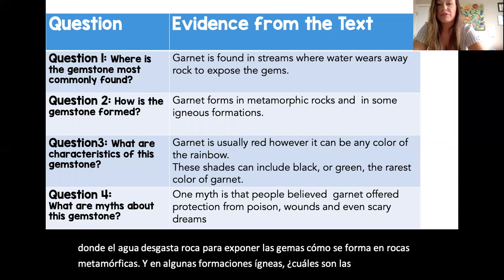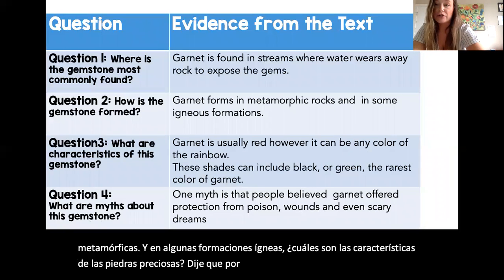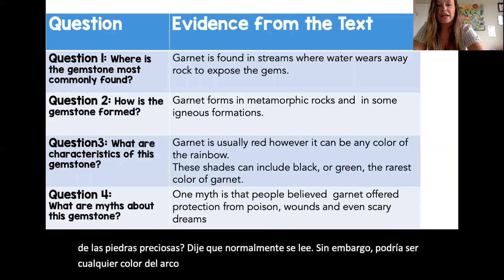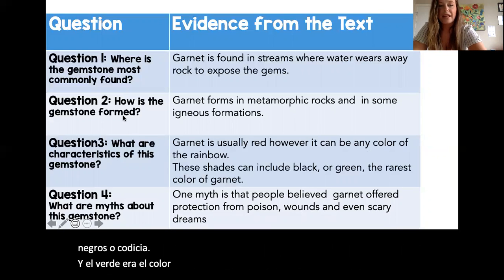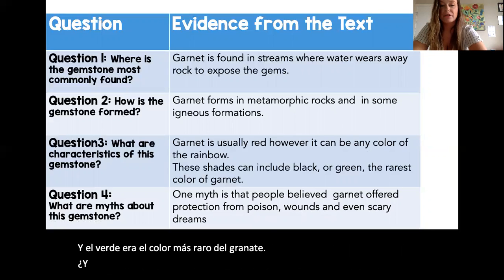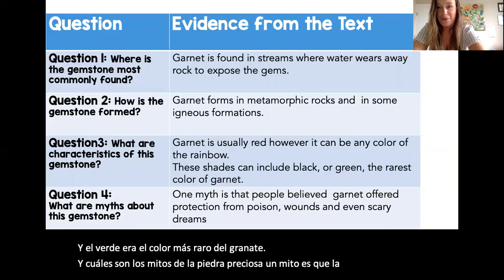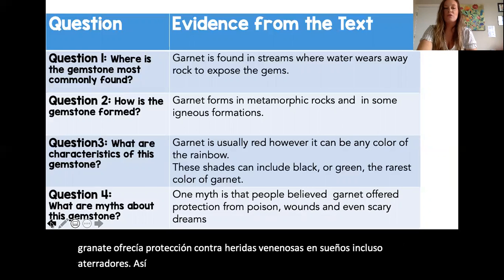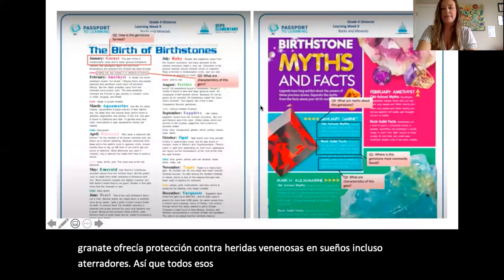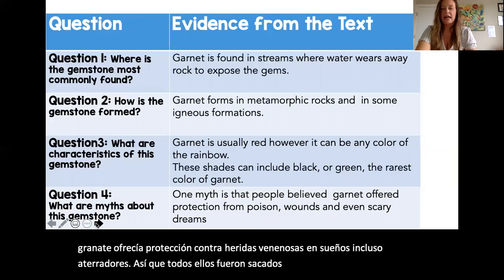I said it's usually red, however, it could be any color of the rainbow. I also found that the shades could be black or green, and green was the rarest color of garnet. And what are the myths of the gemstone? One myth is that people believe garnet offered protection from poison, wounds, and even scary dreams. All of those were just pulled from these boxes, and I put them here.